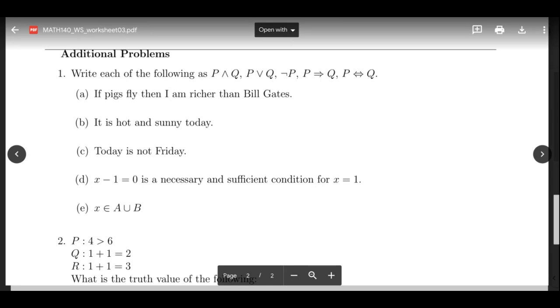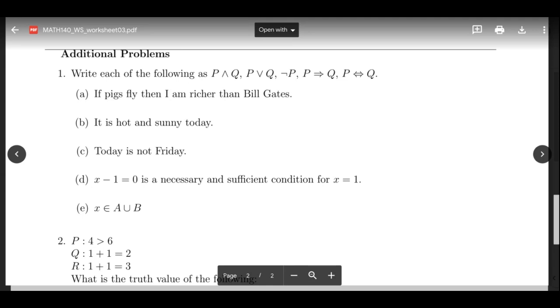Samisha? Aidan is asking if it's if and only if? No. A is not if and only if, right? 1A is if P, then Q. It's a P implies Q form. Does that make sense? We don't see if and only if, right?